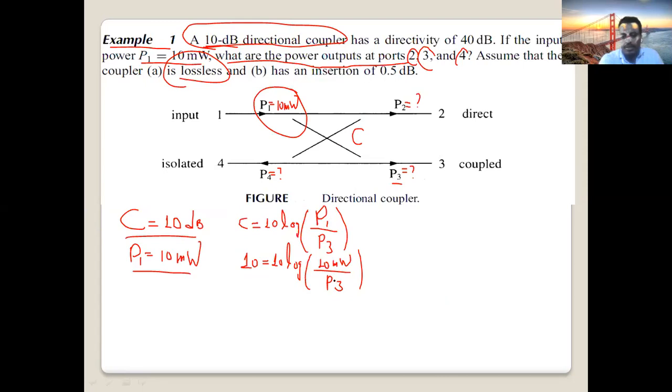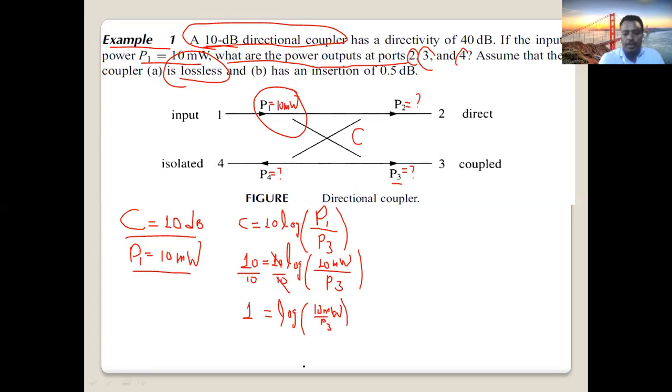So if you know C, in this case 10 dB, you can calculate P3. How do you calculate? Divide both sides by 10 to cancel this. Now 10 divided by 10 will be 1, which is equal to log of 10 milliwatt divided by P3.